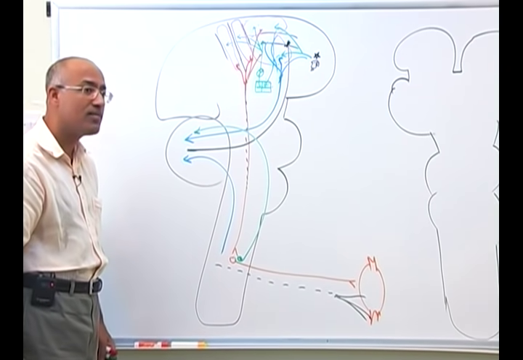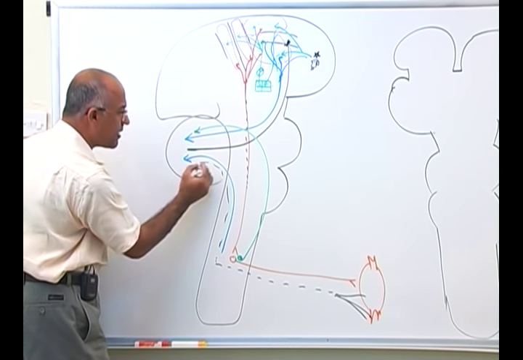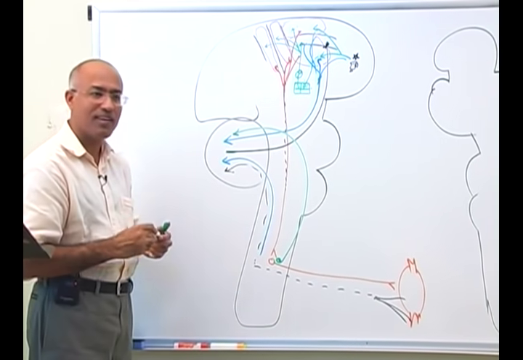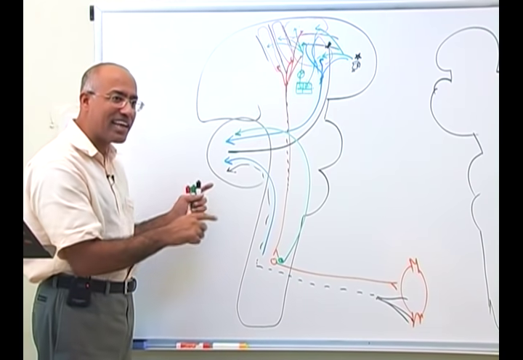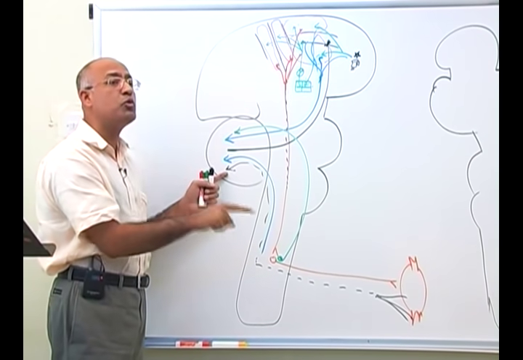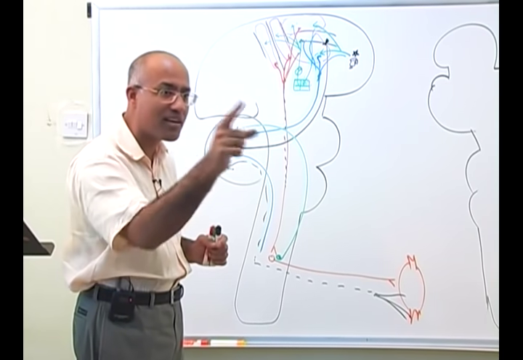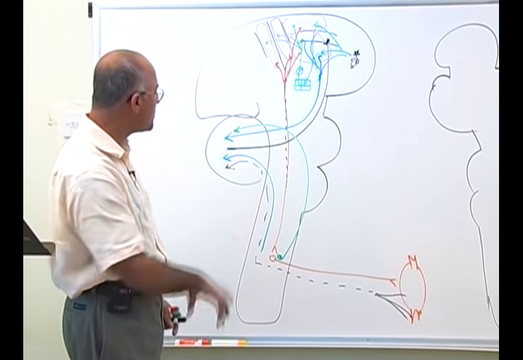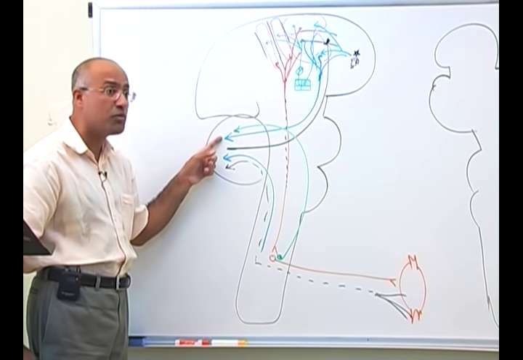You know where it is going? One copy of this information is going to the cerebellum. What is the cerebellum going to do? It is getting information about how the actual movement is progressing. Is it progressing properly or not? So the cerebellum is such a master that first of all, it knows what the intended movement is.